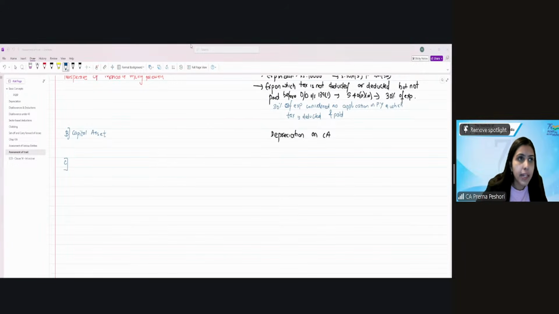So application from the borrowed funds is not considered as application. However, when you repay the loan, repayment of the loan is considered as the application.